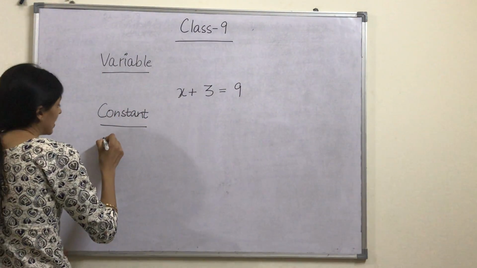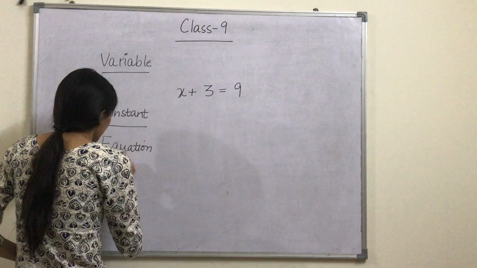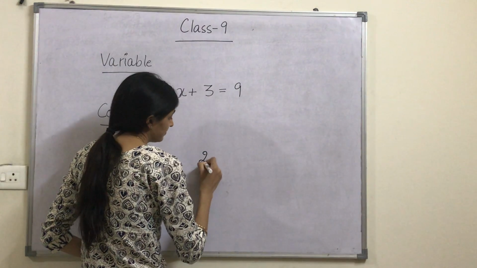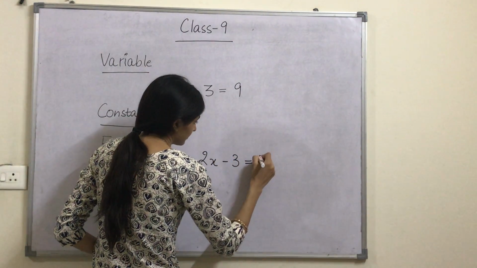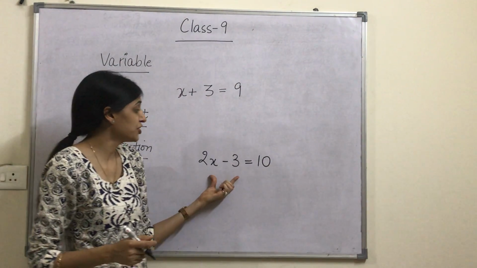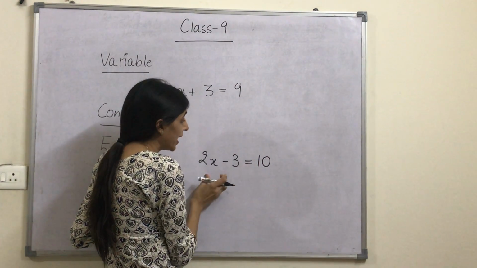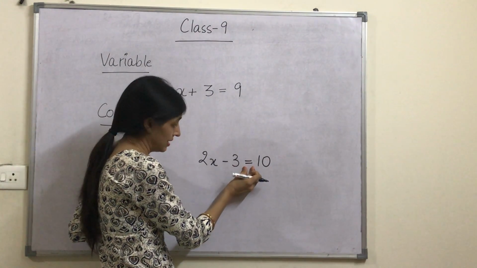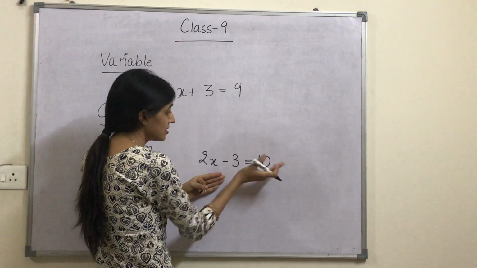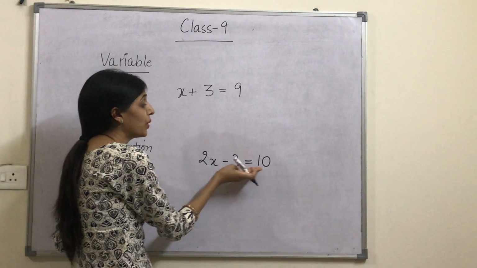Next thing we must know is equation. Now, what is an equation? Suppose it is written 2x minus 3 is 10. An equation is something in which the expressions are equated using an equal sign. Here this is an equal sign, so whenever there are two expressions with an equal to sign, this is known as an equation because we are equating something.